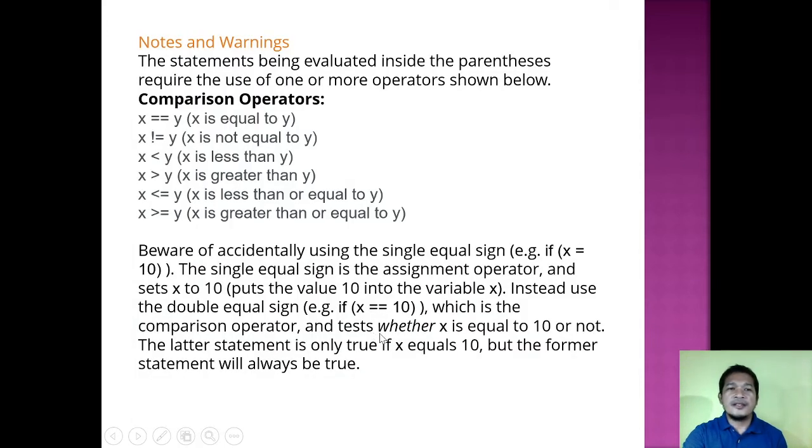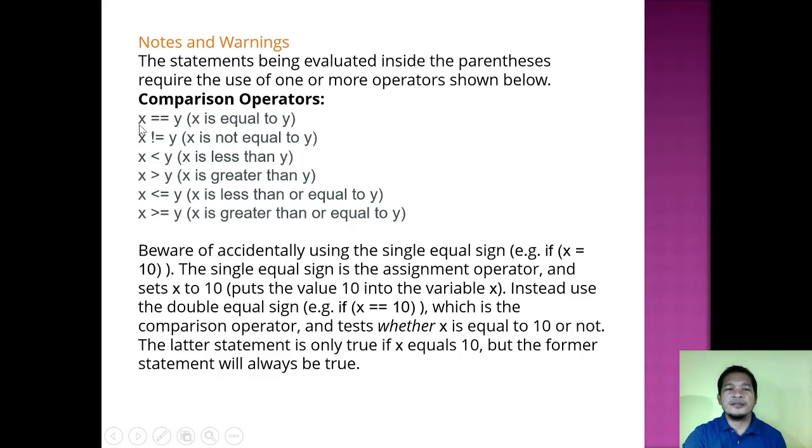Notes and warnings: the statements being evaluated inside the if are comparisons. These are the operators you will use. Double equal means the value of x is equal to y. If x is 5, then y should be 5; if y is 10, then x is also equal to 10.